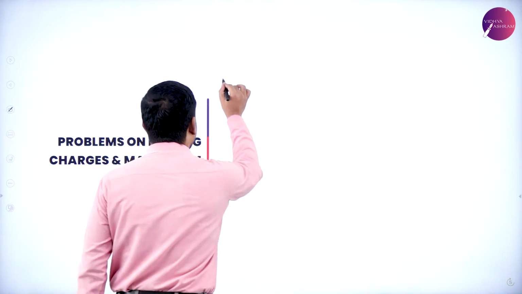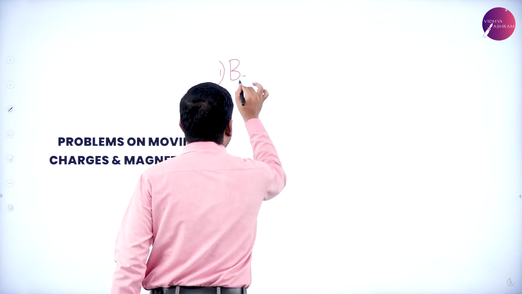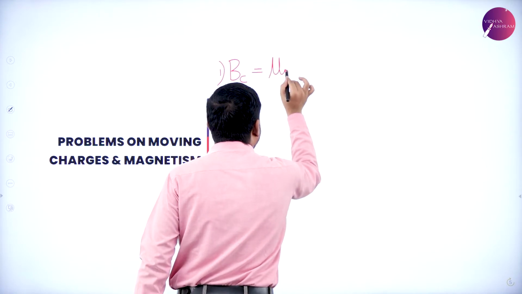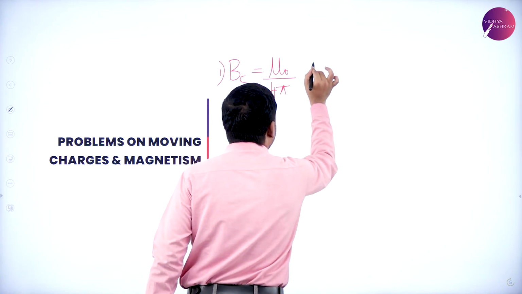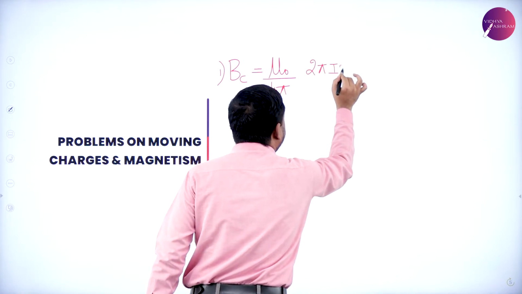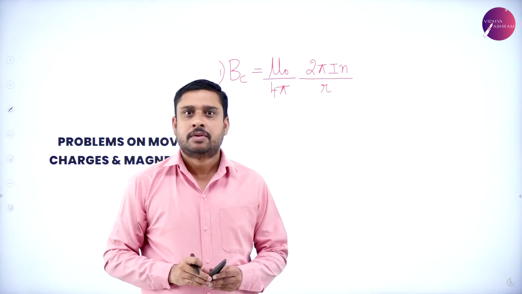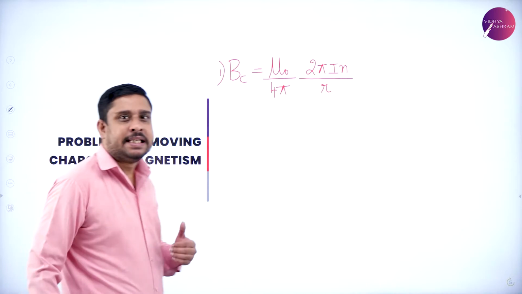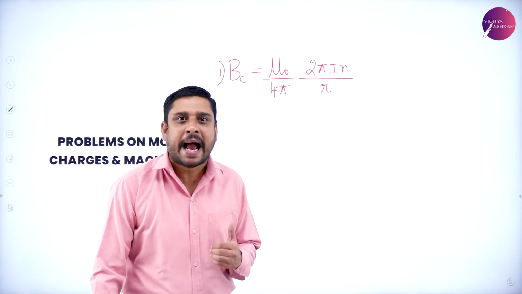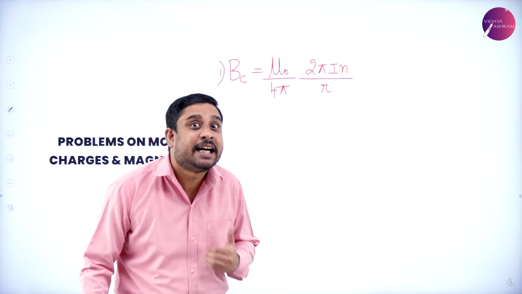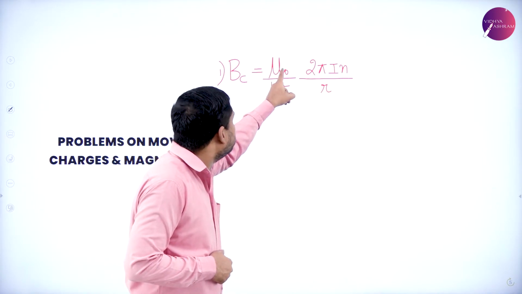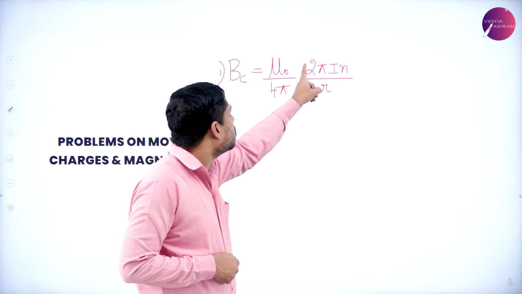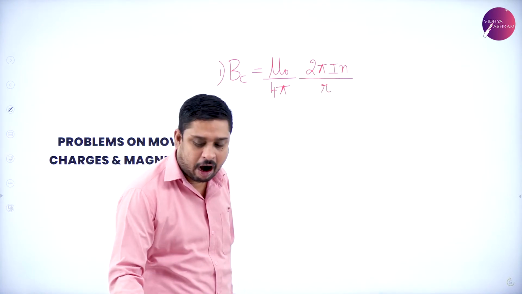So the first part of the question says the magnetic field at the center BC is mu naught by 4 pi, 2 pi NI by R. So by theory, we clearly know magnetic field at the center of a circular coil is mu naught by 4 pi, 2 pi NI by R.